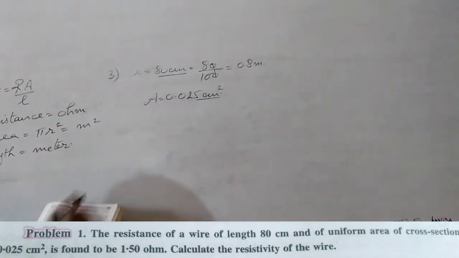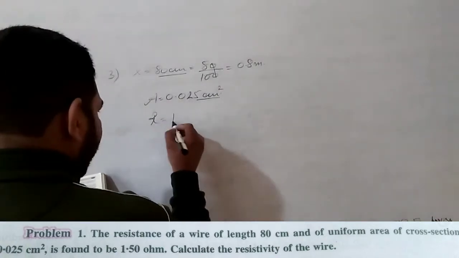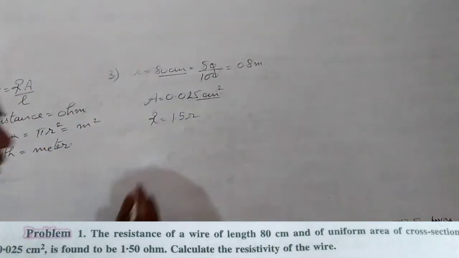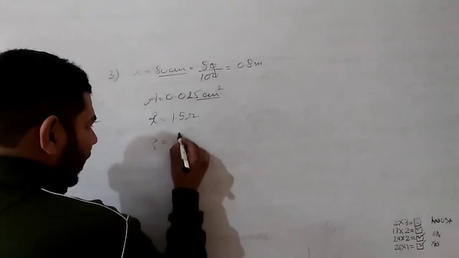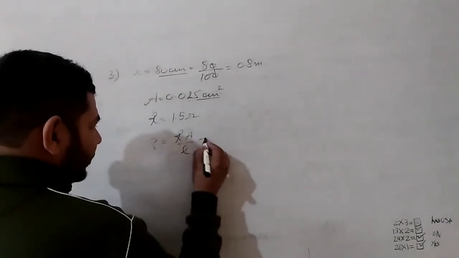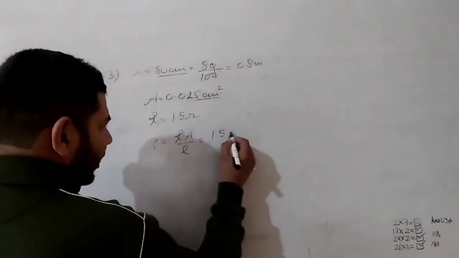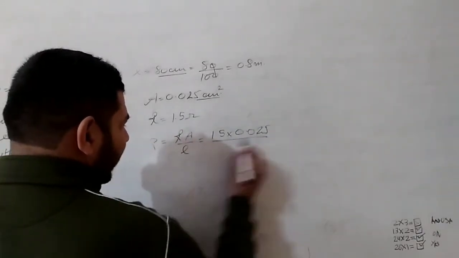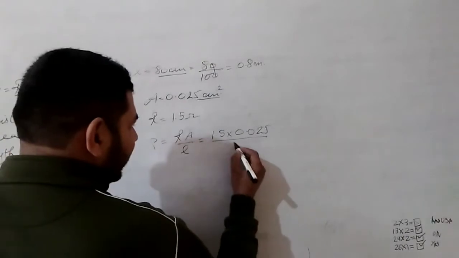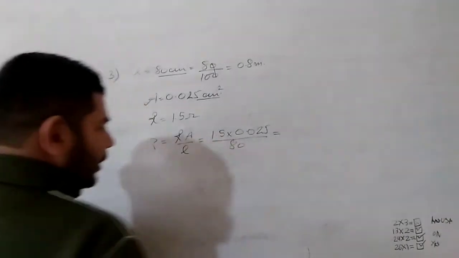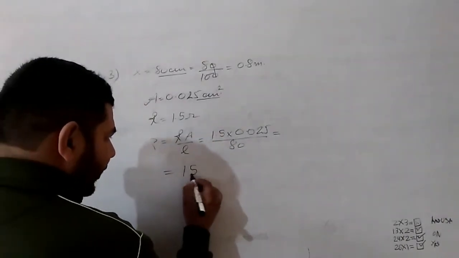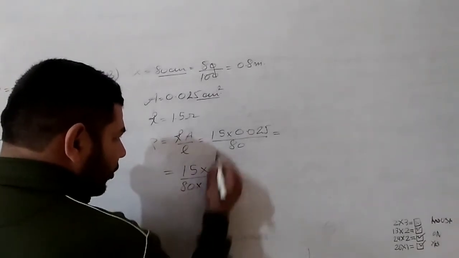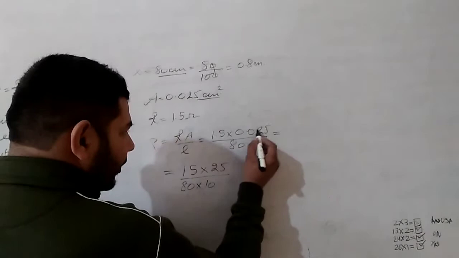The resistance is found to be 1.5 ohm. Find the resistivity. So rho is equal to RA by L. R is 1.5, area is 0.025, and L is 80 centimeter. So 15 into 25 by 80 into 10.